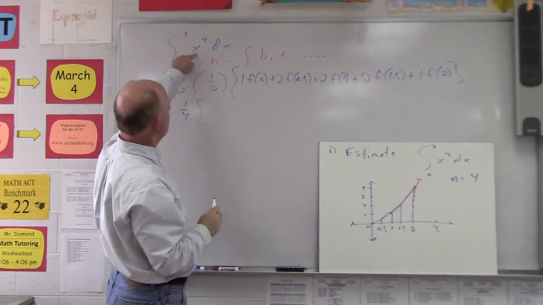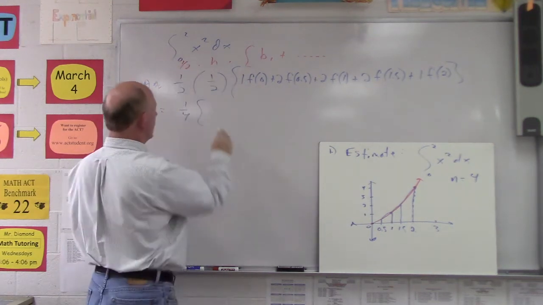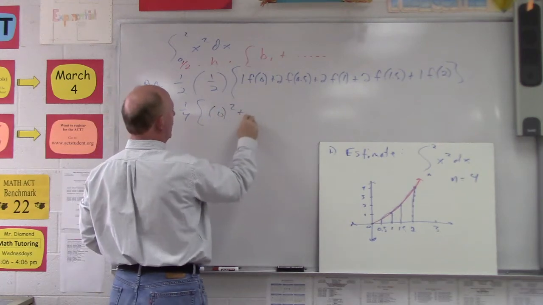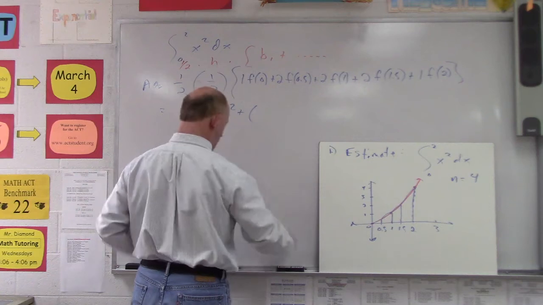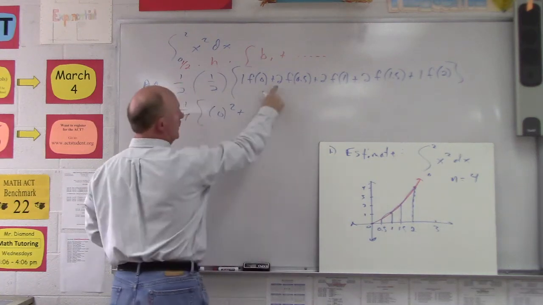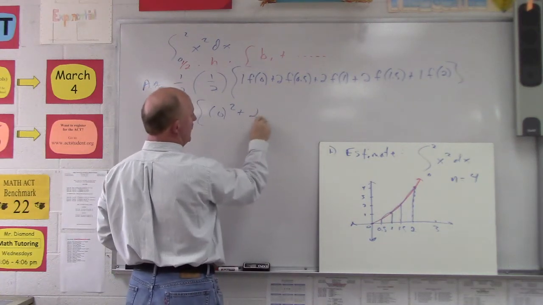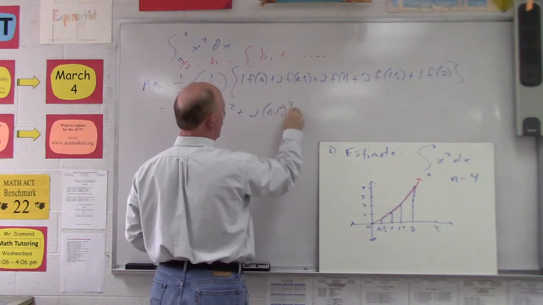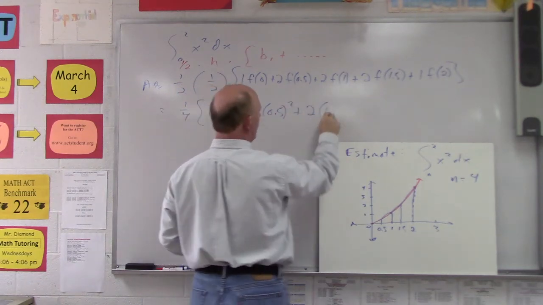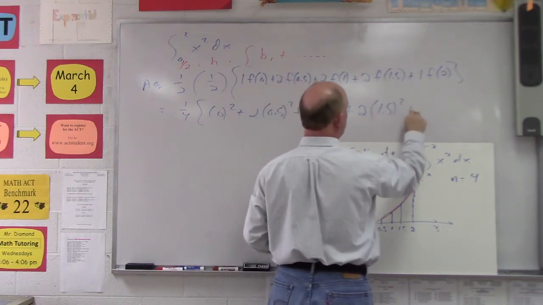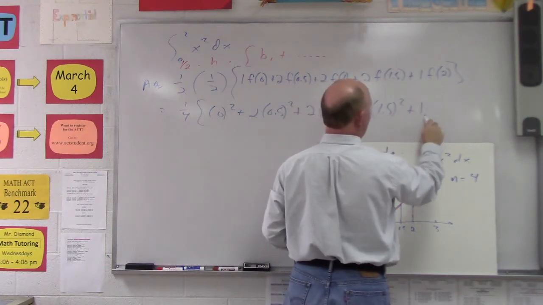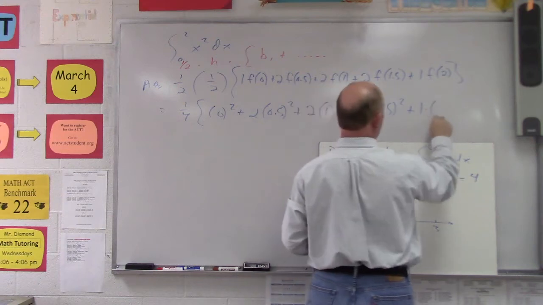The original function is x squared, so we substitute: 0 squared plus 2 times 0.5 squared plus 2 times 1 squared plus 2 times 1.5 squared plus 1 times 2 squared.